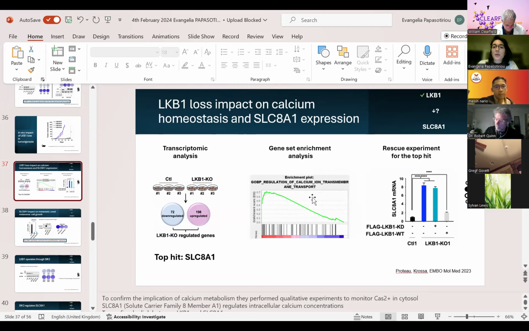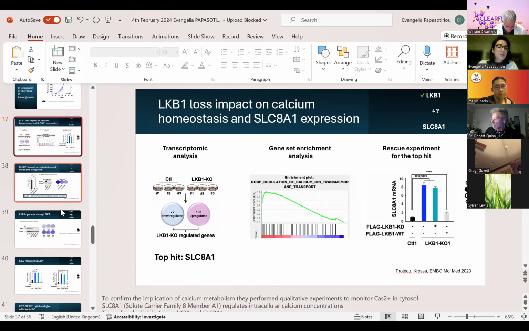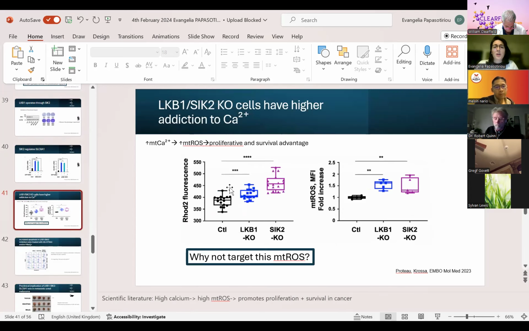After they observed this phenomenon, they wanted to characterize the mechanisms behind this phenotype. They identified calcium metabolism implication, with SLC8 as a top hit in the gene enrichment analysis. Then with some other experiments, they identified higher addiction to intracellular calcium and mitochondrial ROS.